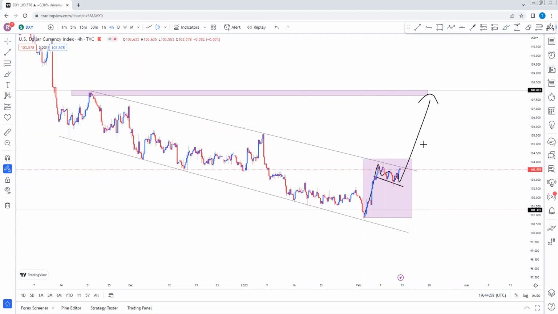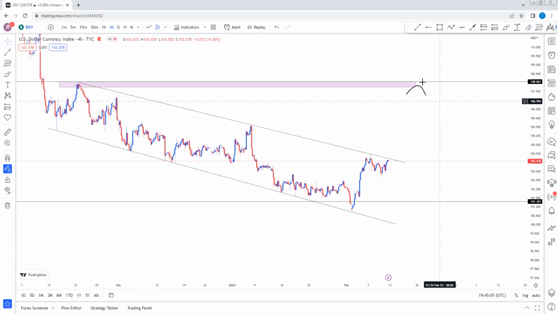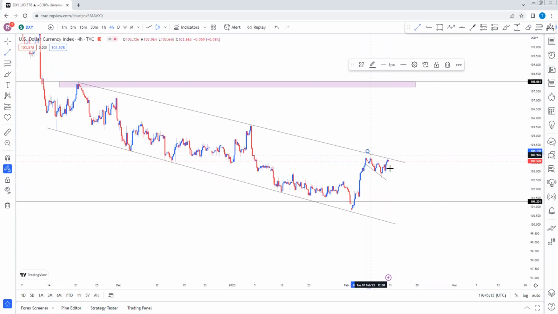Let me just remove this and analyze using my trend lines. As you can see, we have this corrective formation, which is a continuation flag.